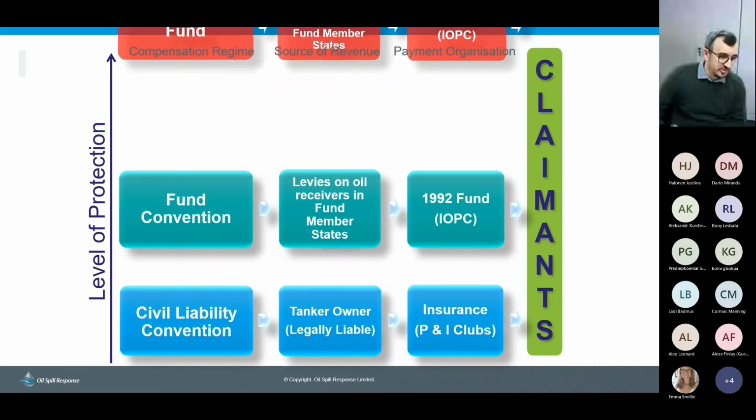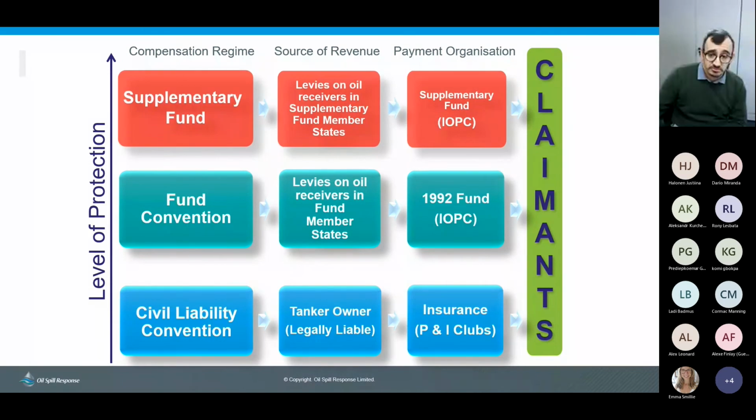Let's move on to the next two tiers because we can address these broadly together. So we can see this on the left-hand side. We've got the fund convention and the supplementary fund. We'll start with the fund convention.